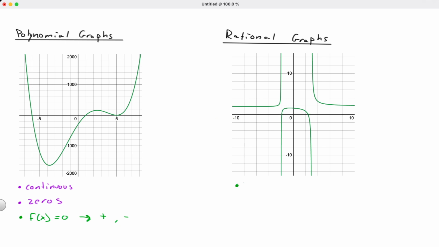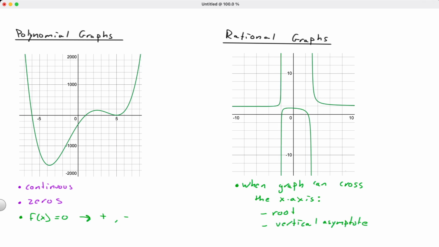If we think about when the graph can cross the x-axis, we can realize that this can only really happen in two instances. This can happen at a root, just like we had with the polynomials here. Or this can happen like in this case here, where we are going from positive values to negative values at a vertical asymptote.